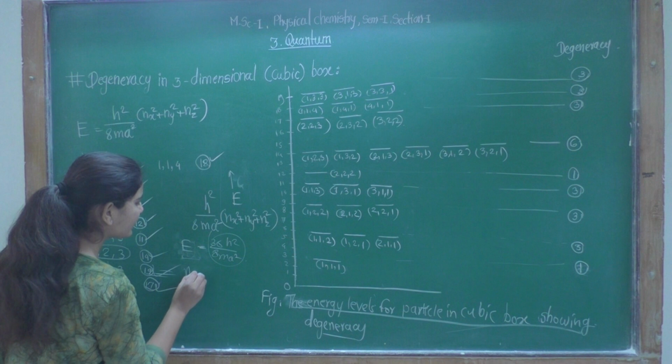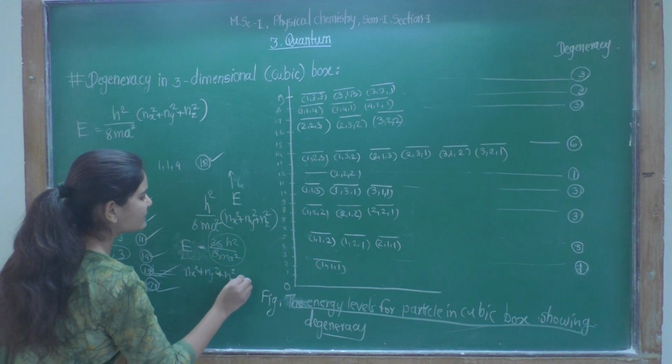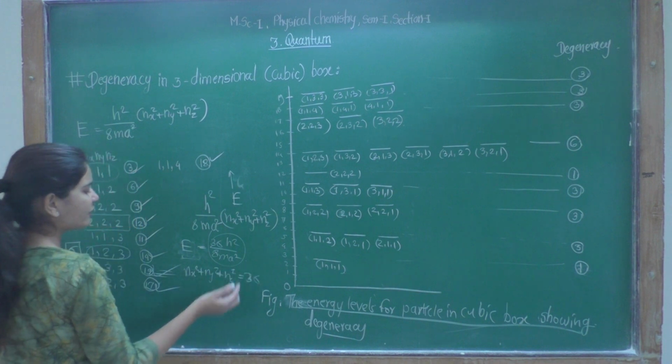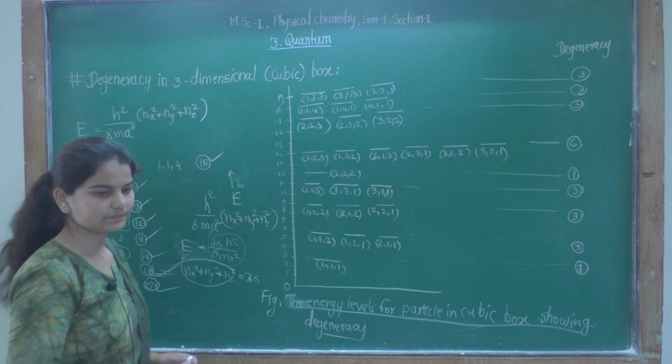So you can write nx square plus ny square plus nz square equals 36, and you can find out different combinations and you will get the values.